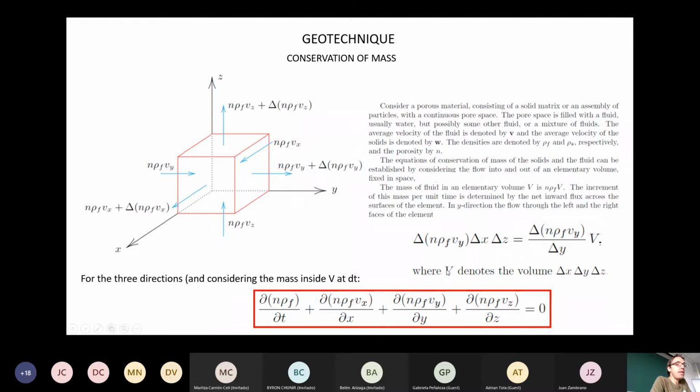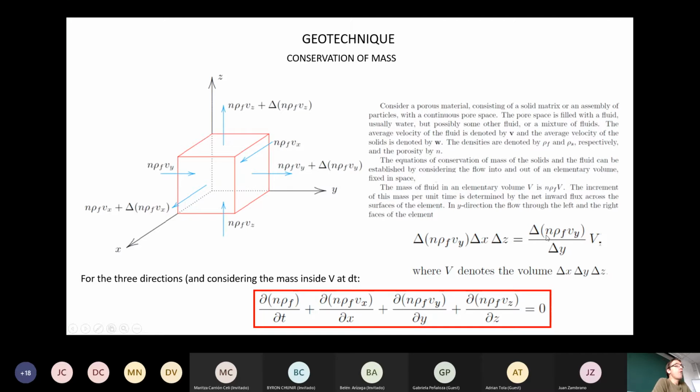If we consider V as the volume, that is, of course, the multiplication delta x, delta y, and delta z, we can write this as you can see here. It is very simple because V is delta x, delta z, and delta y. If we put the ratio delta y, we eliminate delta y here, and we have delta x and delta z.